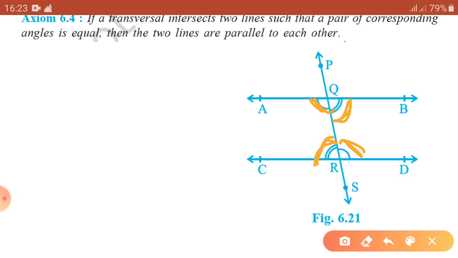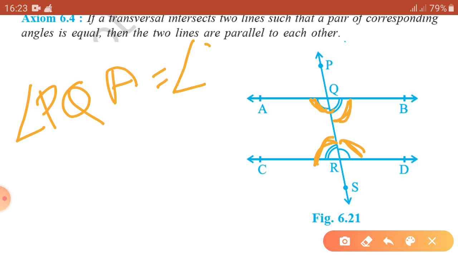Now we know that in this figure angle PQA is equal to angle QRC according to the corresponding angles axiom. So PQA, this angle, is equal to QRC, this angle.